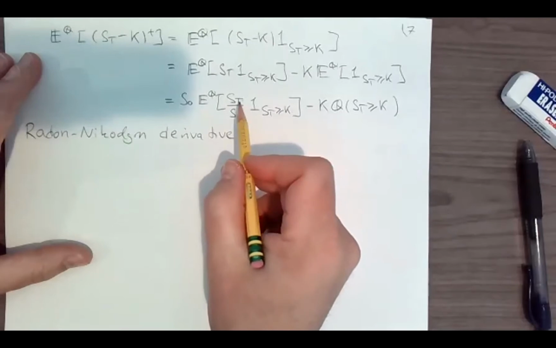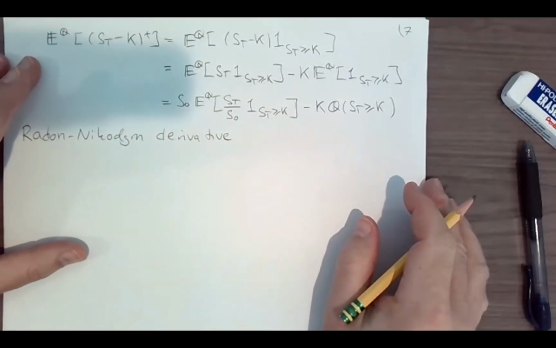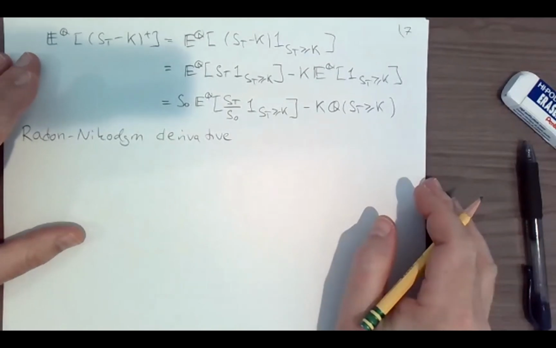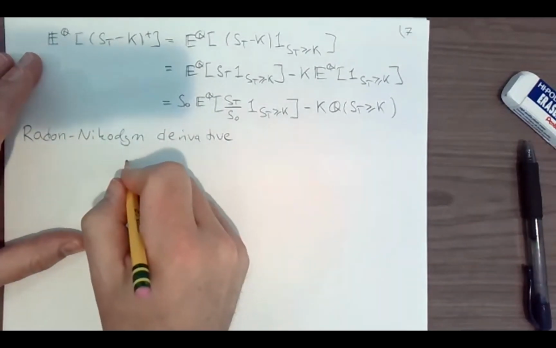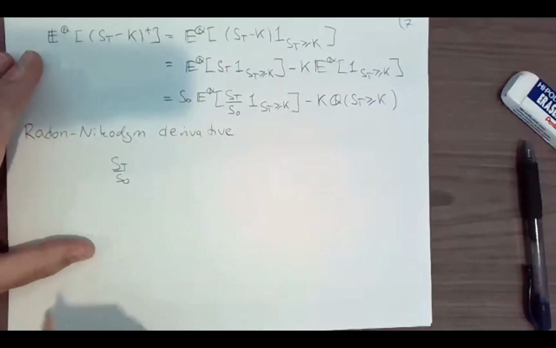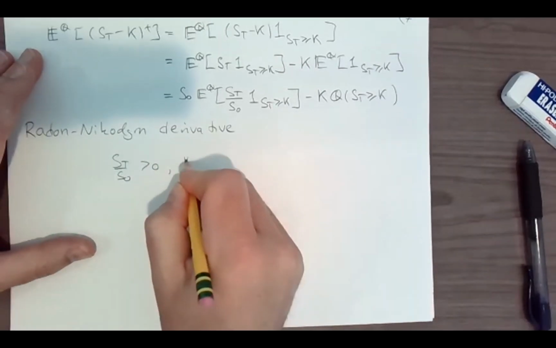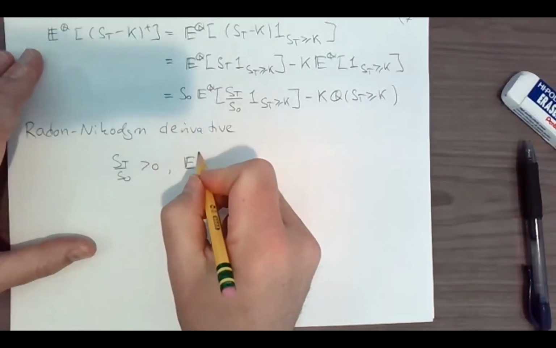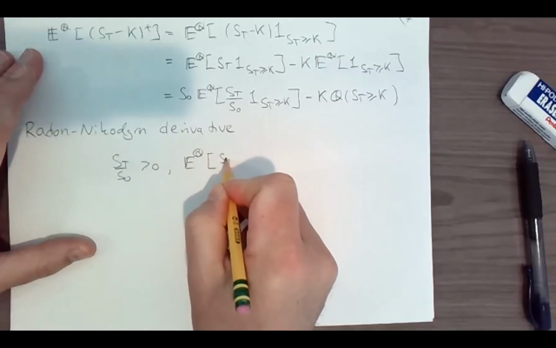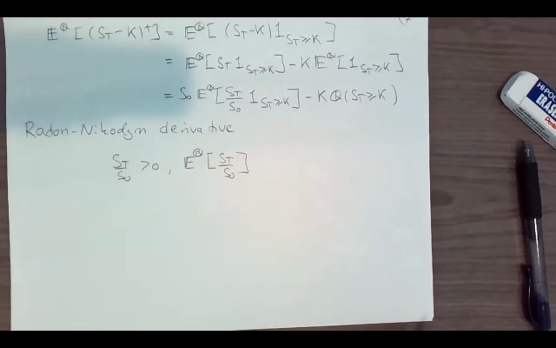This is a random variable which is positive, it has expectation 1, and so on. So let me write that down. If I take S_T over S_0, this is strictly positive. If I take the expectation of it under Q, then what will I get?